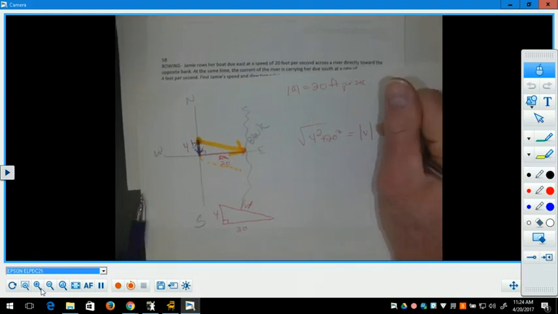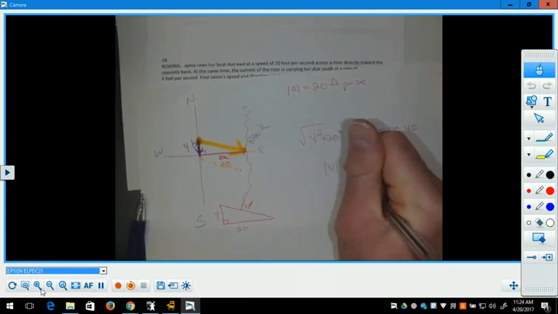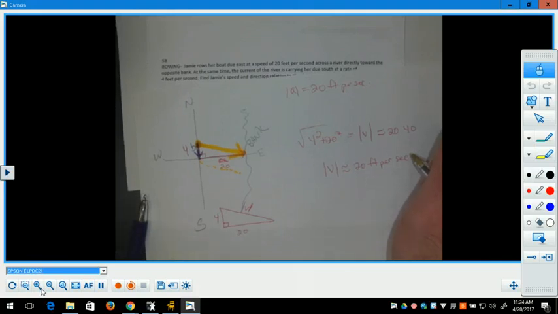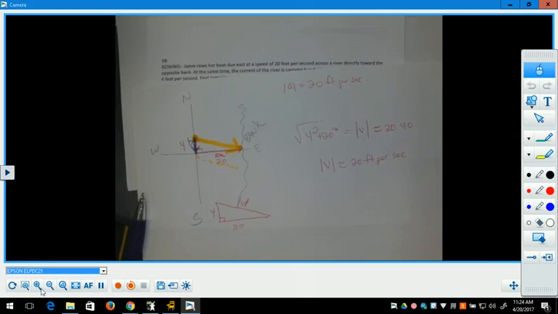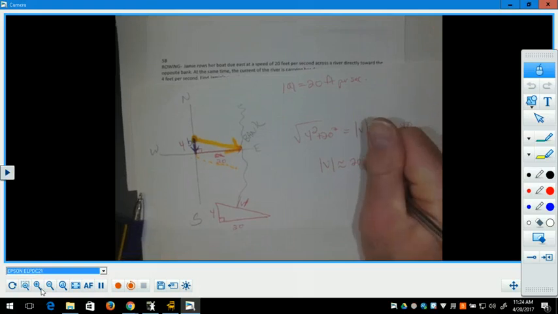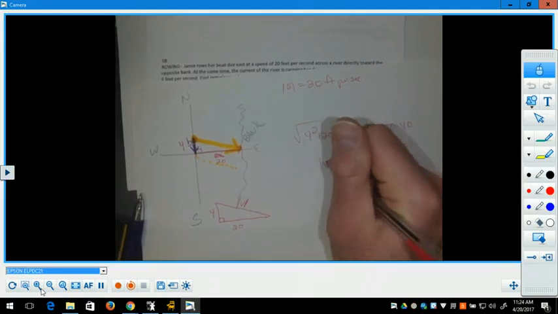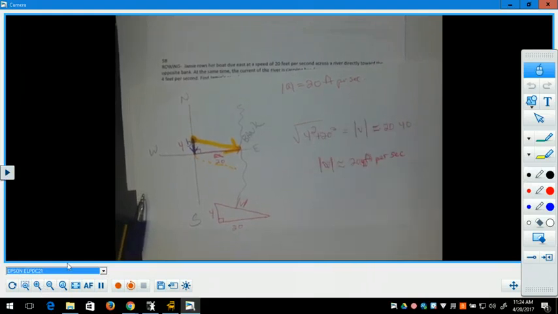It's roughly 20.39 or 20.40. Not 20, that's not right. It's not 20 feet because this one's 20 feet per second. Hold on. Yeah, we'll just do 20.40 feet per second. So she's moving a little faster with the current. All right, so now we have this, and we're supposed to find the angle.